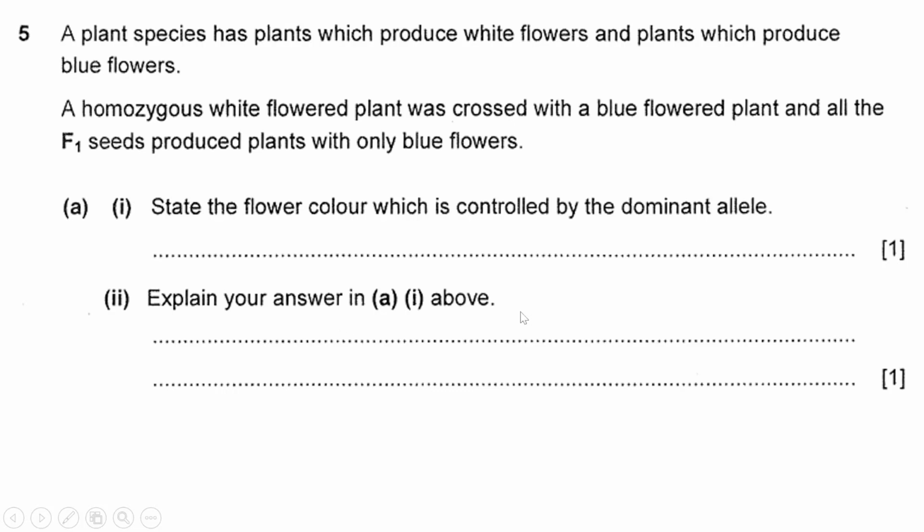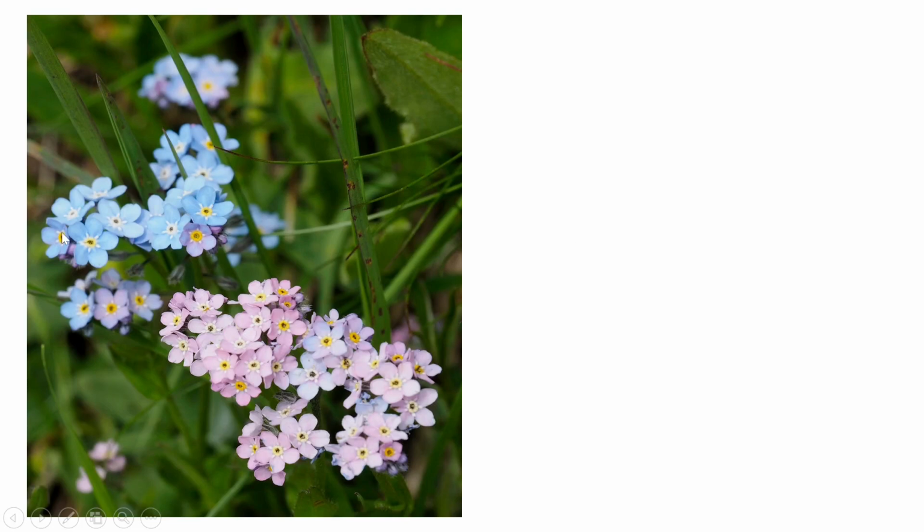Before we go any further in answering this question, we need to understand what they mean when they say we have a plant species which produces white flowers and blue flowers. You may have the same plant species, and some plants will have flowers which are blue, some flowers will be white, but the makeup of the plant is just the same.